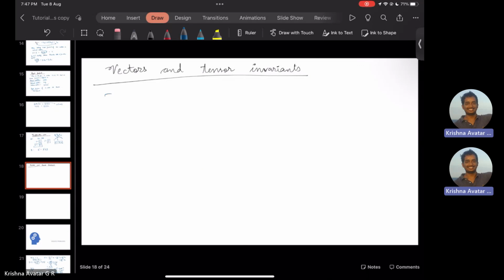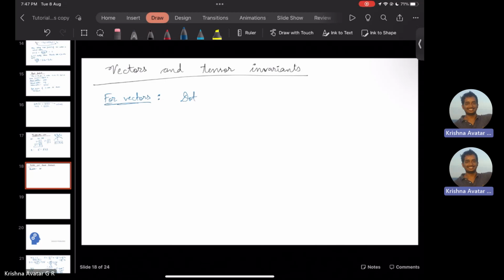For vectors, the thing that is preserved is the dot product.